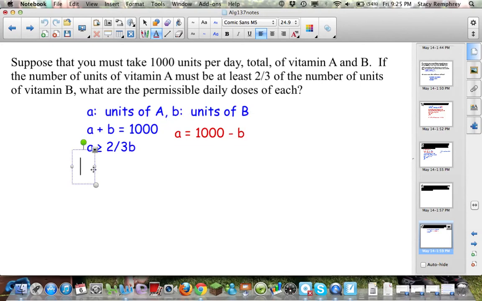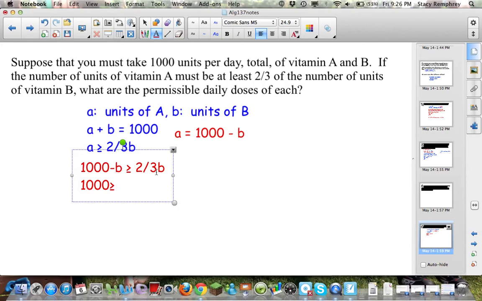So over here, I'm going to plug in. I'm going to add B to both sides. So I have 1,000. Please remember, when I add B, that's like adding 1 to both sides.